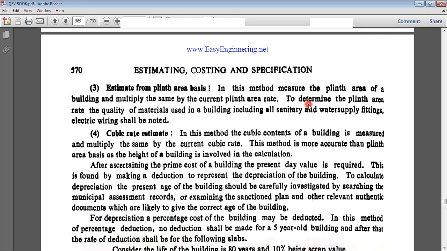Can anybody tell me the current rate in Pandharpur? Plinth area rate? Anyone? Is there such a concept as plinth area rate in Pandharpur? Can anybody give me the answer of this?